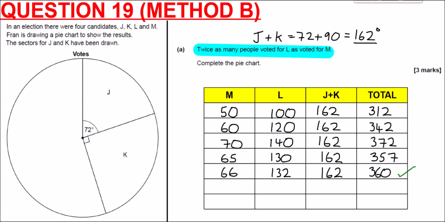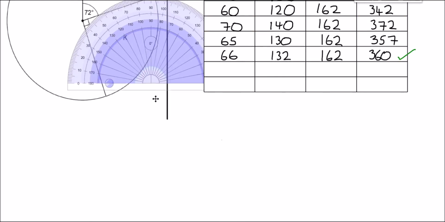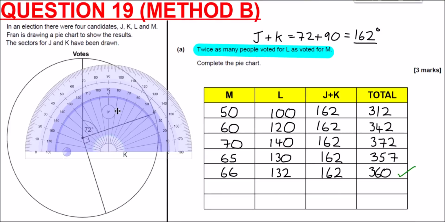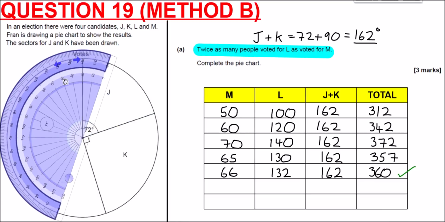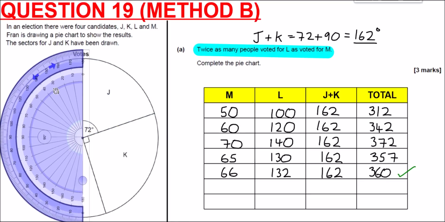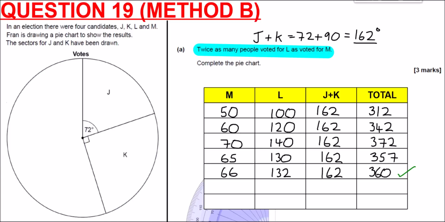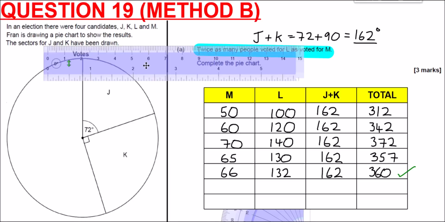So once again, just using the protractor, we can measure M, measure from 0 and go out to 66. 50, 60, that's 65, 66 is just one extra along. Then move away the protractor, get a ruler out if needed.